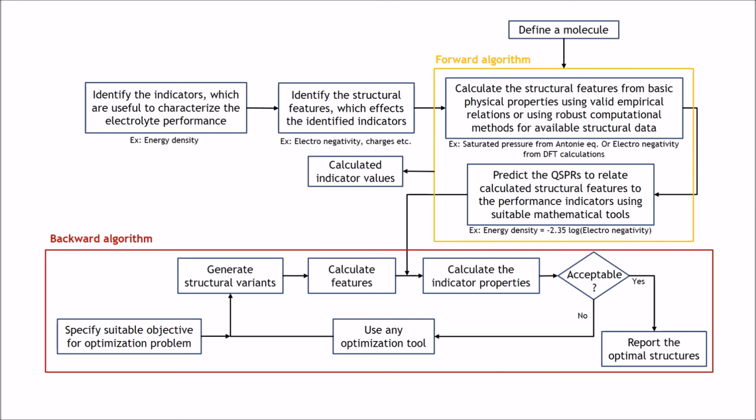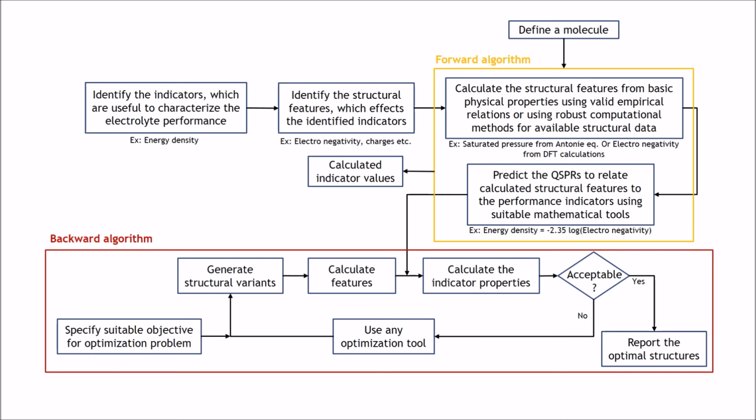If we have more than one indicator for the desired task, we either solve a multi-objective optimization problem or a weight-based single objective optimization problem and report the optimal structures accordingly.